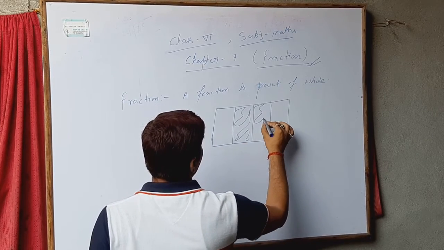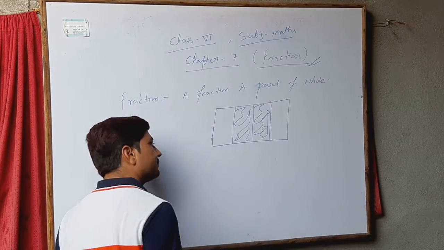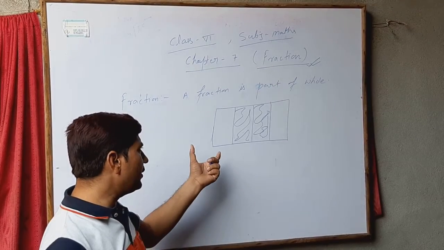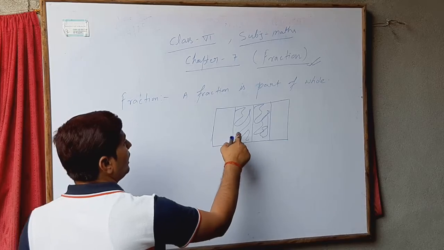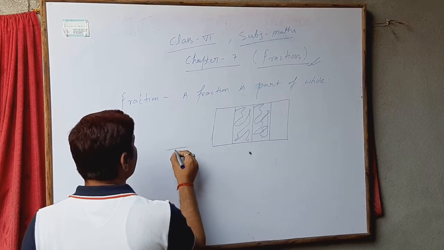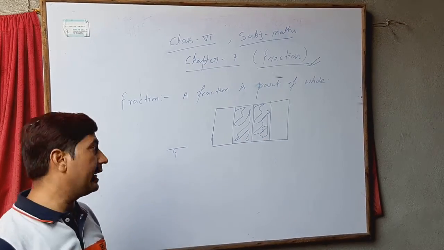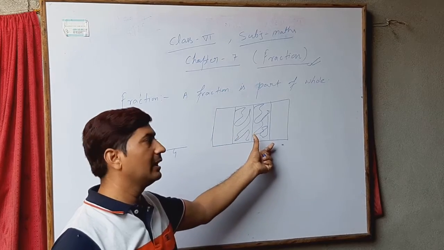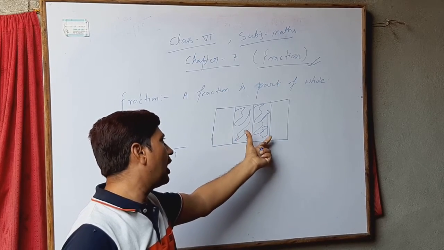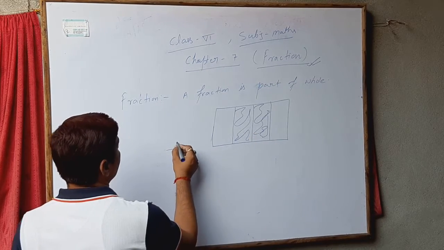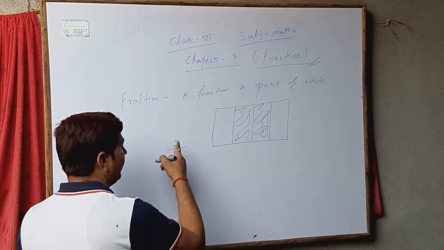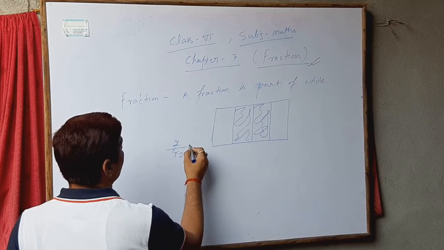This is the shaded part. 2 parts you have taken. Now firstly we have to see how many parts have been given in this figure. 1, 2, 3, 4. So now this is the 4 parts. And how many parts have you taken? How many parts have you shaded? How many parts have you used? 2 parts. 2 out of 4, when we minimize it, now 1 by 2.